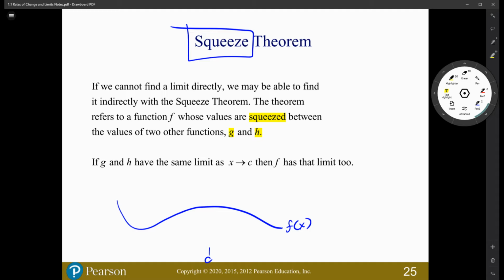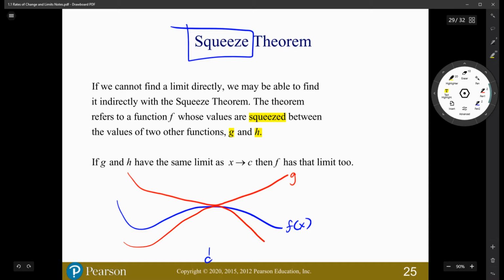We can't use any sort of method that we know about to find the limit, but we are able to somehow squeeze that function between some function that is always above, we're going to call that one g, and some function that is always below, we'll call that function h.